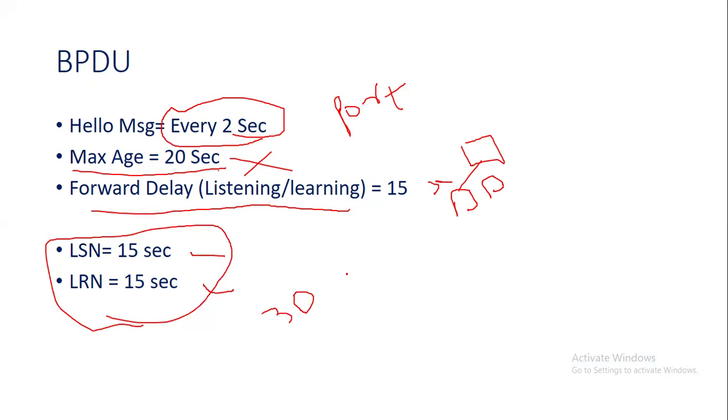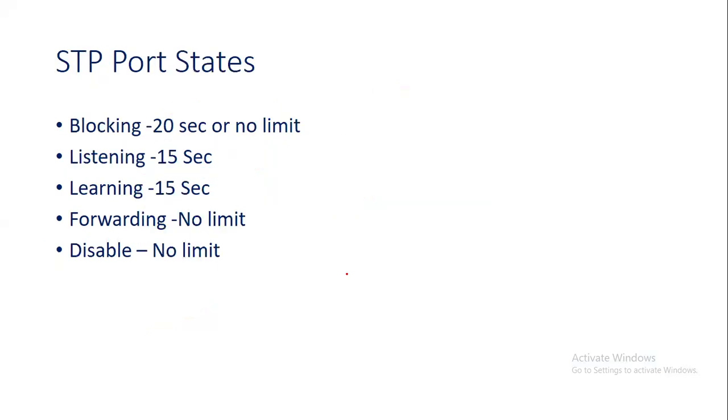And this is the overall timer for how STP works. Let's take an example. There are five states in STP: blocking, listening, learning, forwarding, and disabled. So how is STP working?